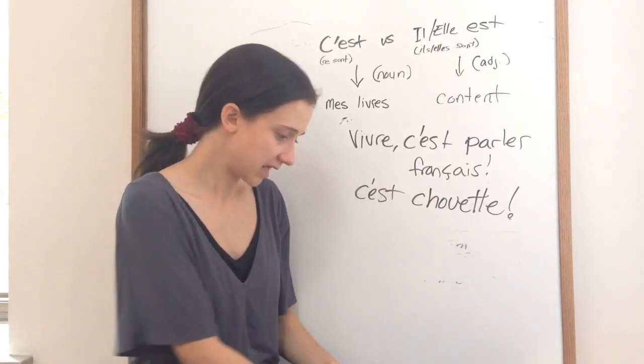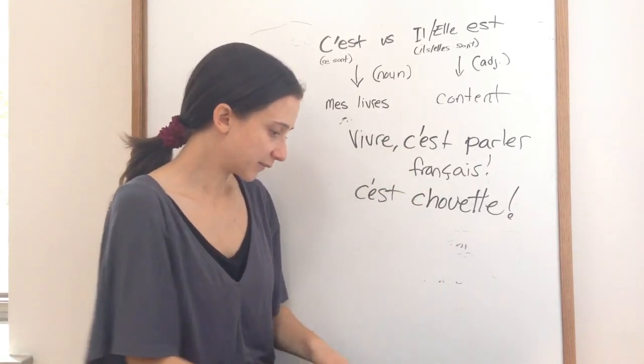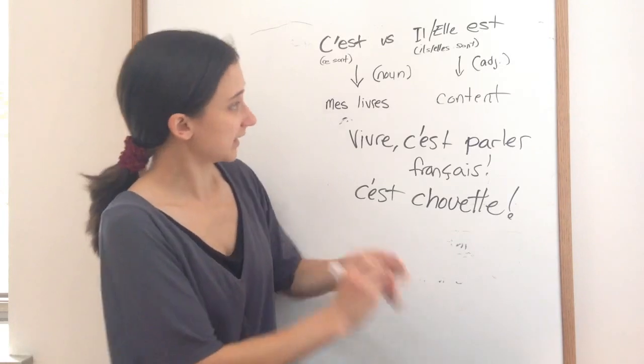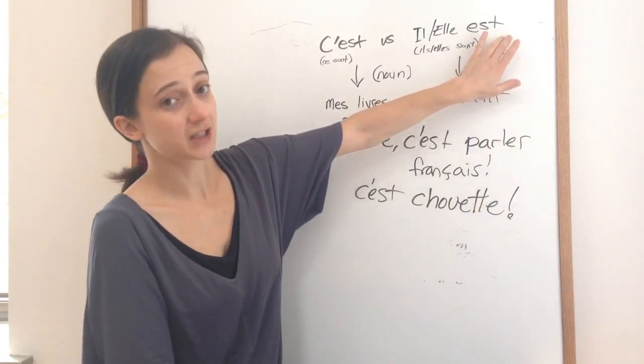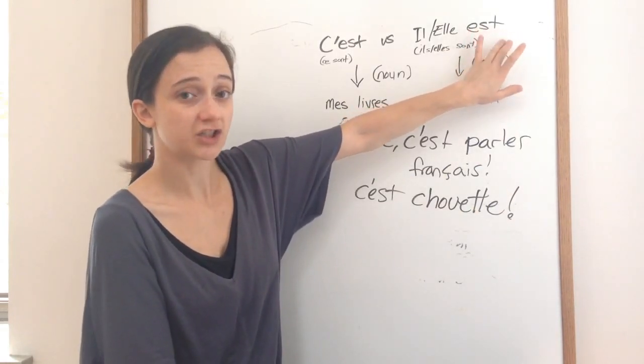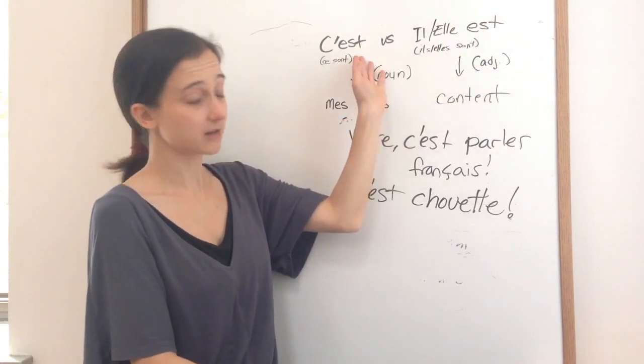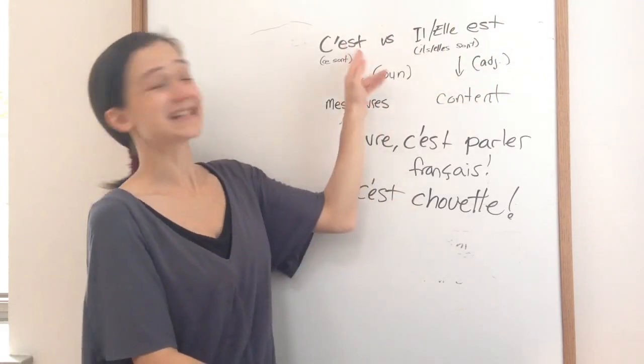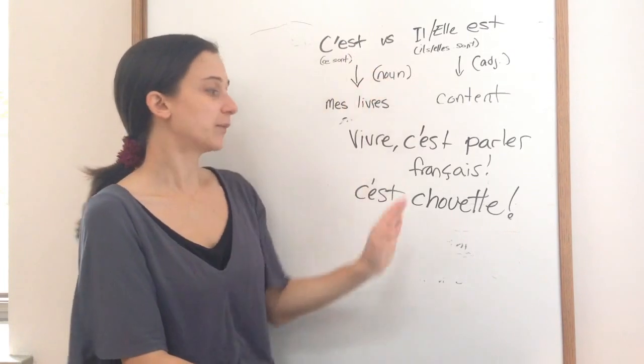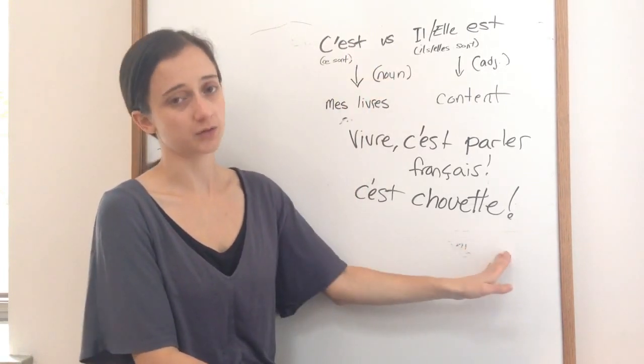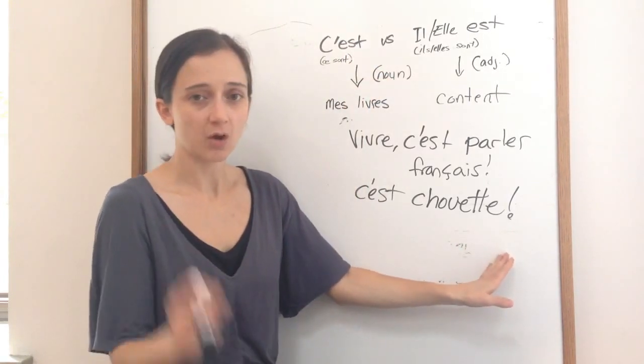It's not referencing something specific. So if you remember, this is for adjectives, for occupation, nationality, and religion. This is for most everything else. And yes, this can be used for adjectives, but it's non-specific, so you're not saying a specific person or thing.